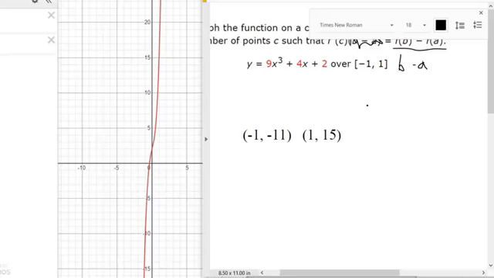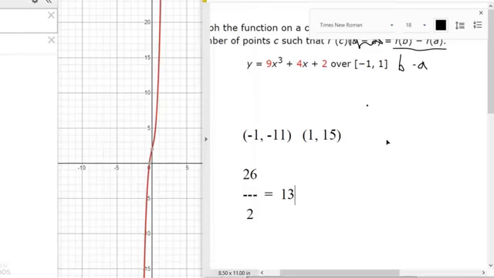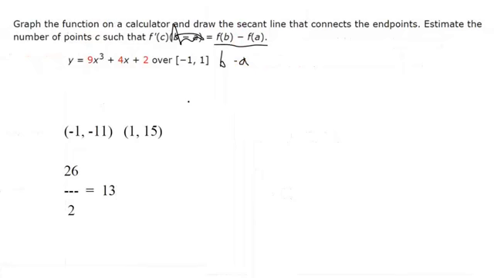Okay, so if you find the slope between those two, I think you're going to get 26 over 2, which is 13. I mean, how can the human eye really spot a slope of 13? So I guess you probably want to watch along with the rest of the video because you can't really do this by graphing. You could estimate it, but how can you see that that slope of 13 is definitely going to come up again? So check out the rest of the video where I show you how to do this, not graphically, but using the mean value theorem and doing it algebraically.